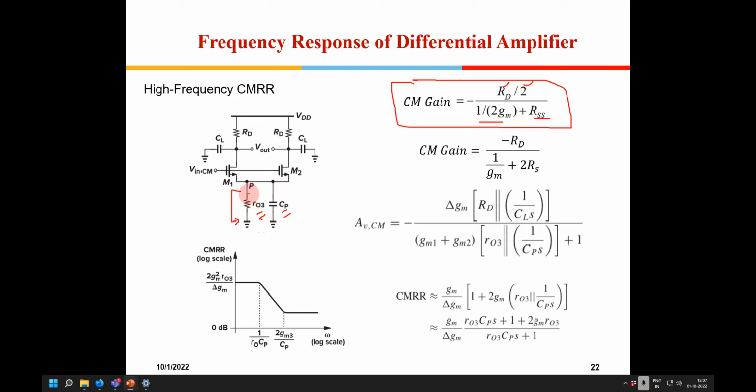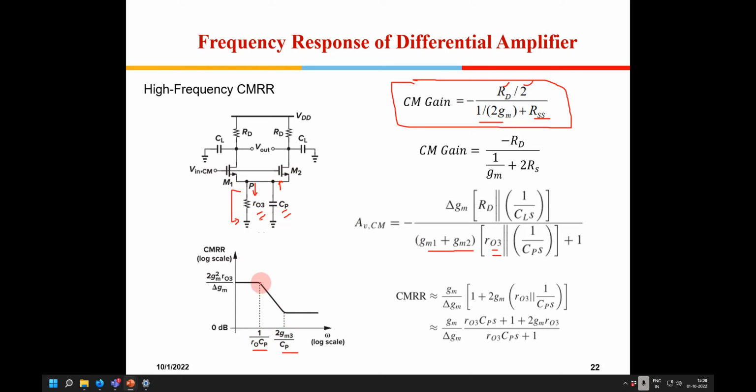It is seeing two resistances: one is R03, the other is the resistance seen into M1 and M2, GM plus GM2. So this capacitance is seeing two resistances, one is R0 and one is 2GM3, right? So now you will find there are two poles out here.